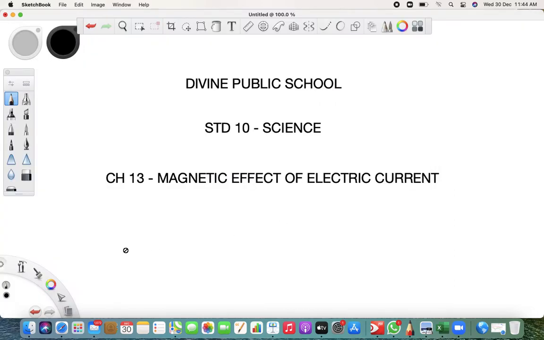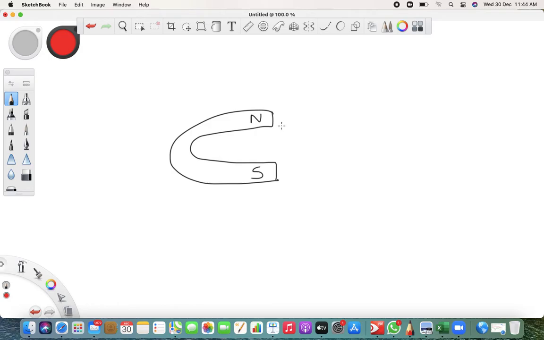Let me show you here. We have a permanent magnet like this. Basically there is a horseshoe magnet. This is your north pole and this is your south pole. Common sense, the magnetic field goes like this, from north to south.